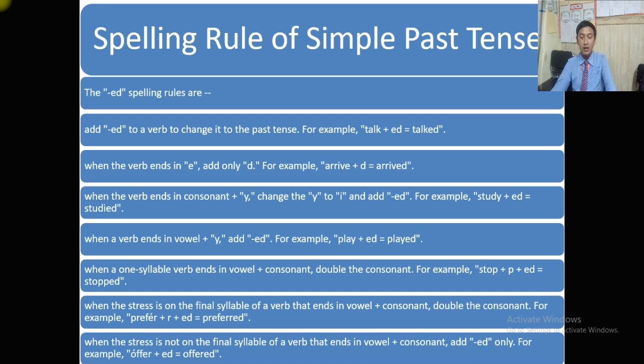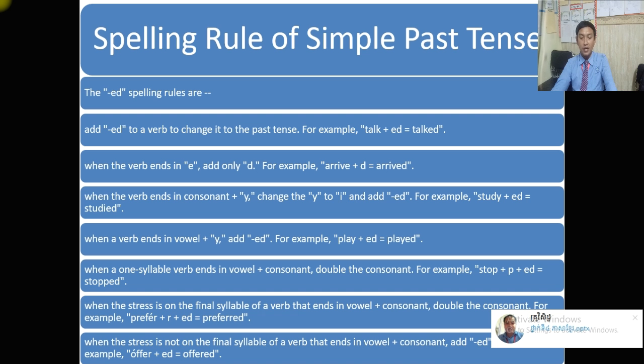You have to remember, when the stress is on the final syllable of a verb that ends in vowel plus consonant, double the consonant. So you cannot pronounce it like that; you have to pronounce preferred.